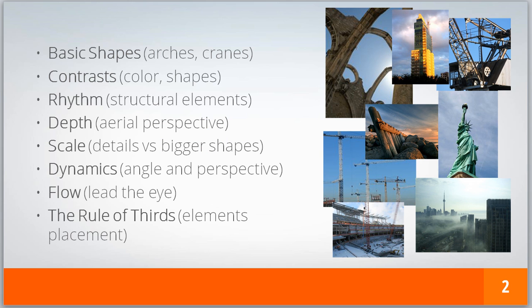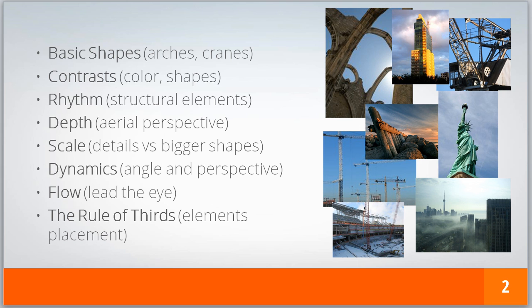So I prepared here a basic mood board. Just to recap, all we have to do in order to apply all those key factors that we talked about in the previous lesson: we have to think of those basic shapes, so it will be nice to have some stone arches and the statue, which have rounded profiles, and some cranes and scaffolds, which are made from straight lines.